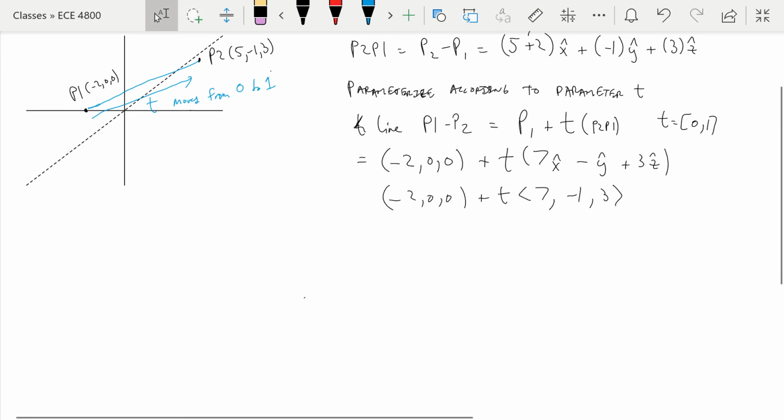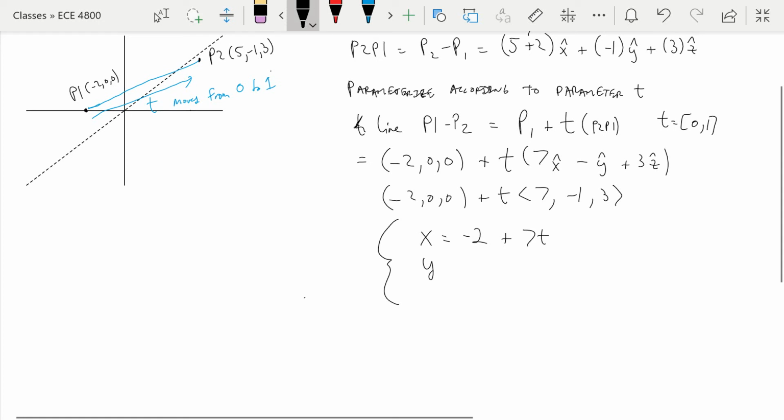Now, if this compact form is a little bit confusing to you, you can think about it in terms of 3 different equations. X is equal to negative 2 plus t times 7, or just 7t.